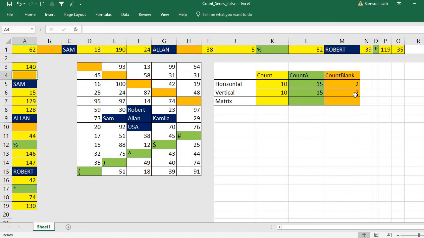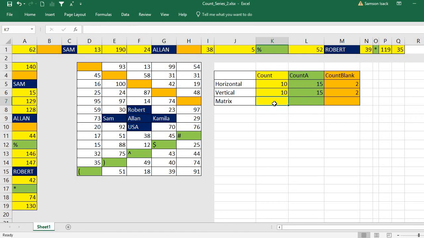So far it's the same logic. Count counts the numerical cells, CountA counts the non-blank cells, and CountBlank counts only blank cells.